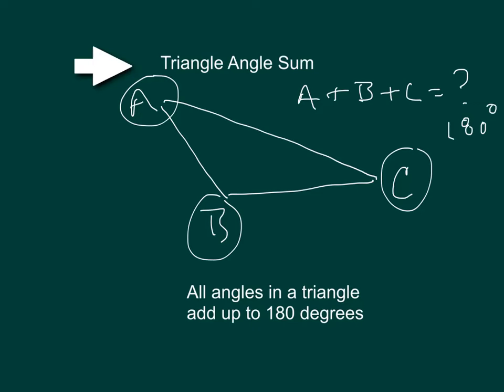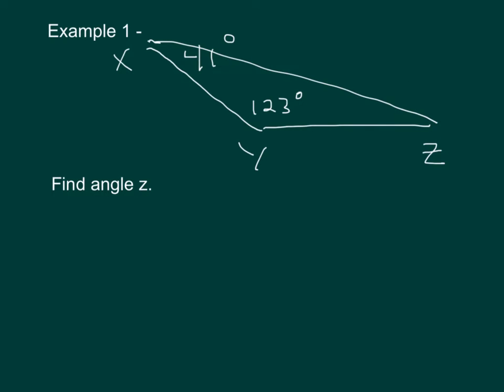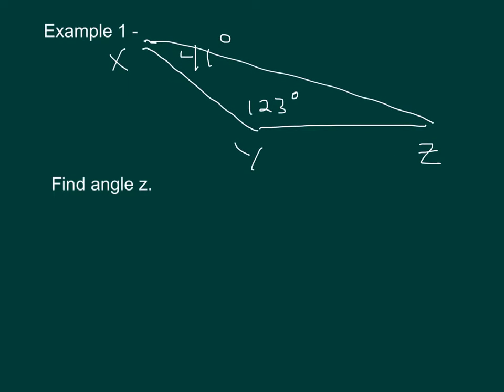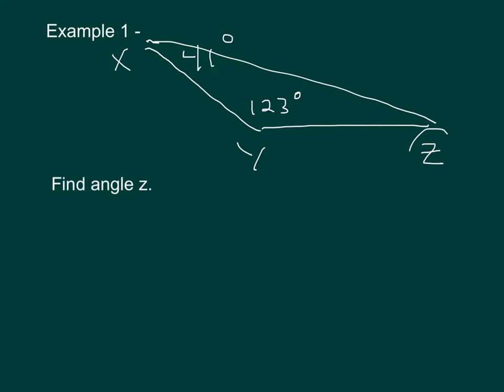We can now look at a few examples and figure out how to find some angle measures using some of the stuff we've already learned in Chapter 2. Here we have example 1 where we're asked to find angle Z. So here's Z, and from what we've just learned, we know that angle X plus angle Y plus angle Z must equal 180 degrees.